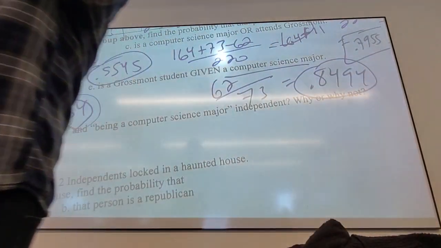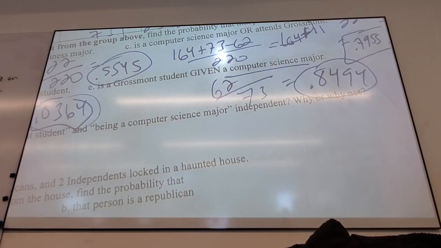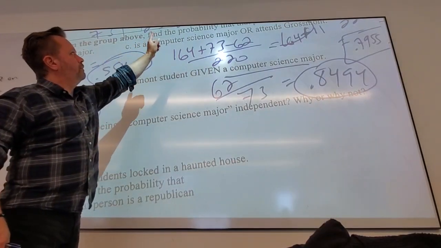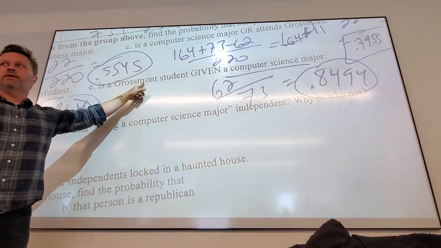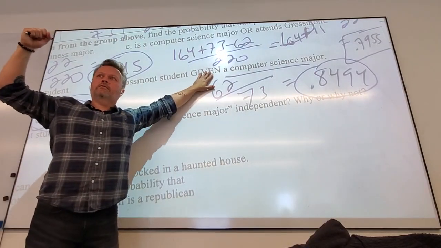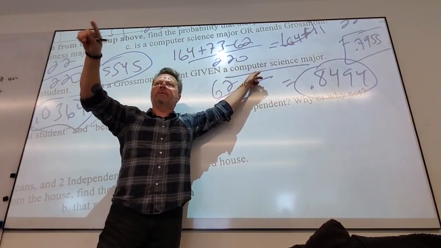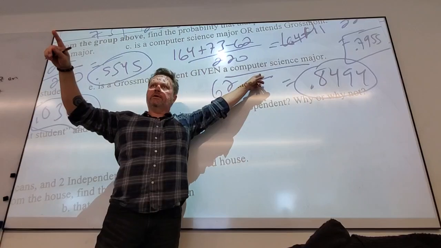Oh, right there. So for the bottom one, she got 164 instead of the 73. Oh, okay. If I read this out, find the probability that they're a Grossmont student, given they're a computer science major. So what do I know about them? They're a computer science major.